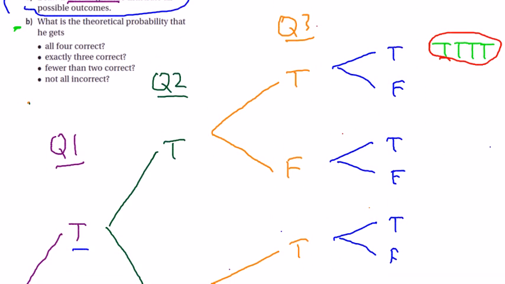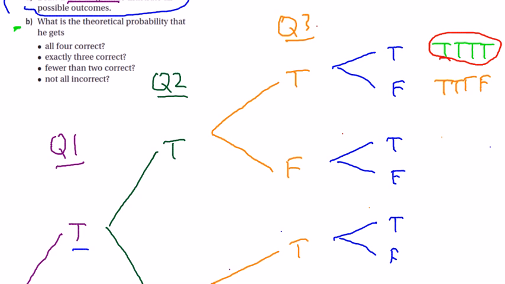Next option is exactly 3 correct. Well, exactly 3 correct, I guess, is a little bit more complicated. That means, for example, that he could get 3 trues and 1 false. So in other words, he could get the first 3 correct and then get a false one.